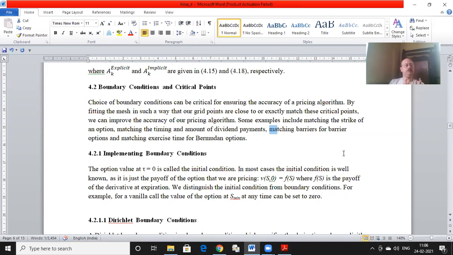For Bermudan options, we have a discrete set of exercise times. So again, if possible, we want to match that set with the grid. If those exercise times are uniformly spaced, then it would be possible for us to do so.